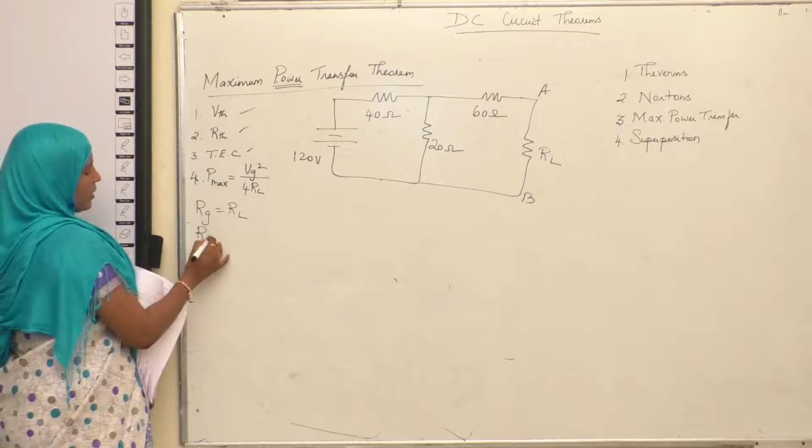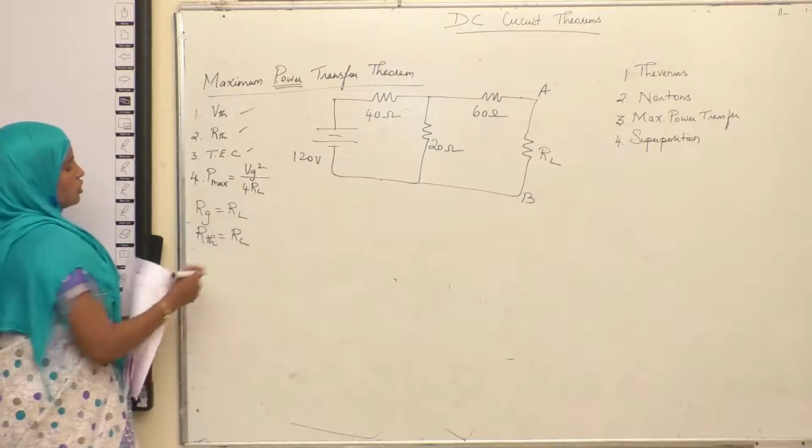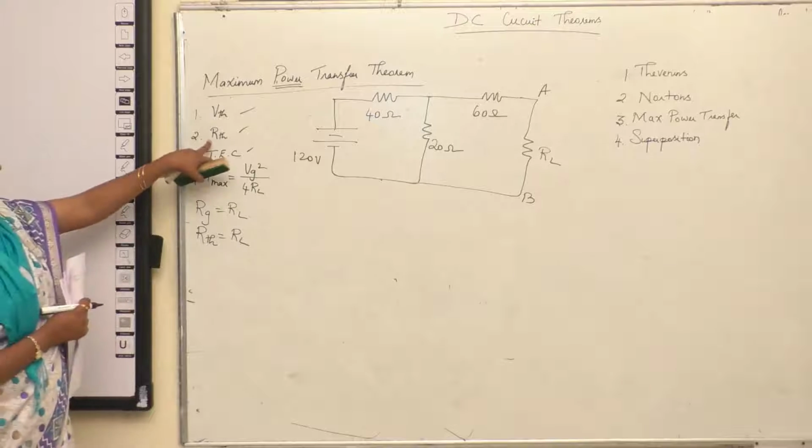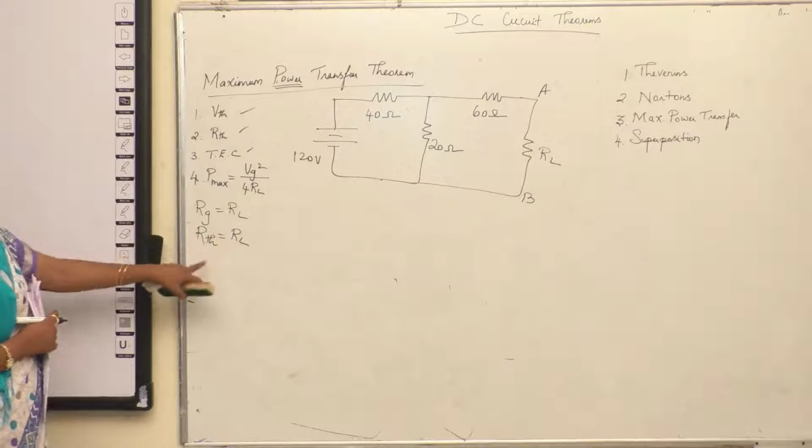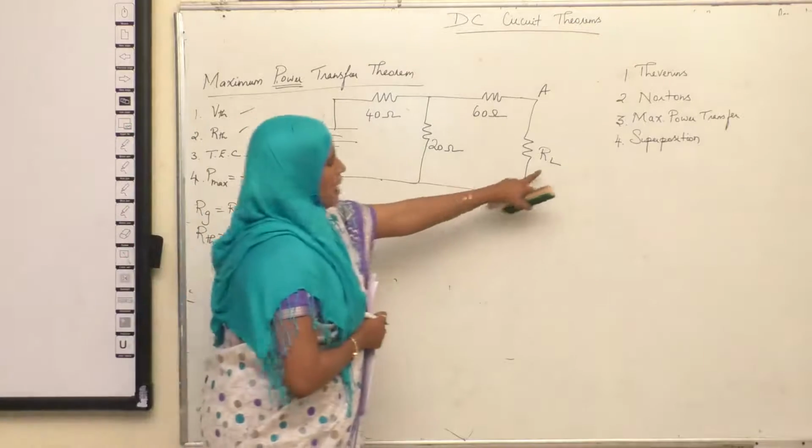Rg is nothing but RTH. So in your second step, you will be finding the value of RTH. Substitute that value for this RL.